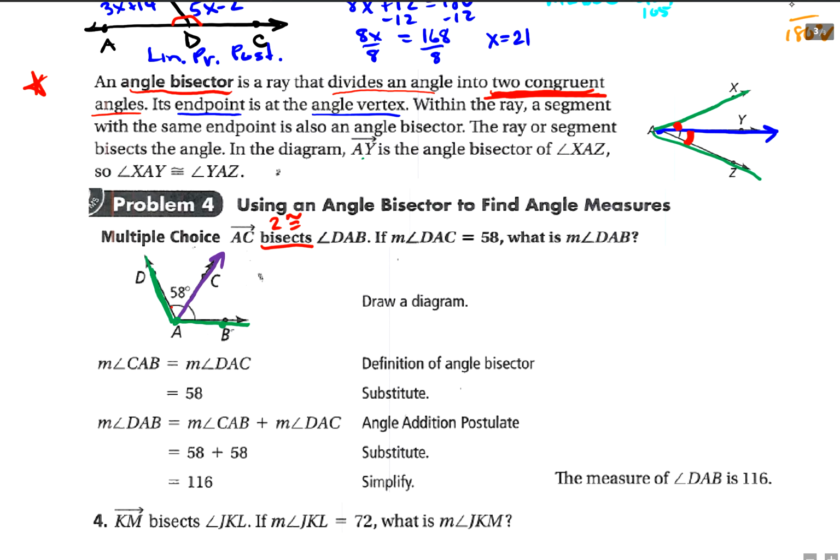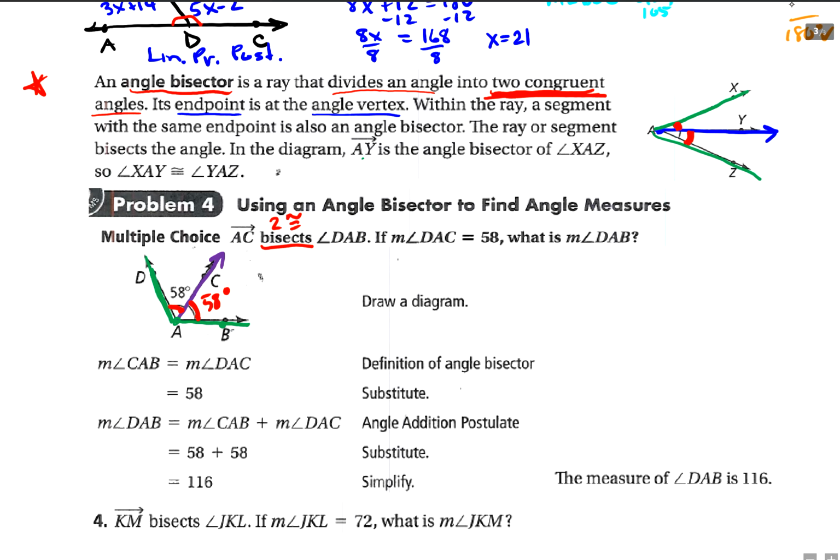Angle DAB. So I'm going to mark this and this. I have two congruent parts. And then we are told that the measure of angle DAC is 58 degrees. What is the measure of angle DAB? Well, this is automatic. Period. End of sentence. Soon as I have congruent marks, if one is 58, the other is 58.